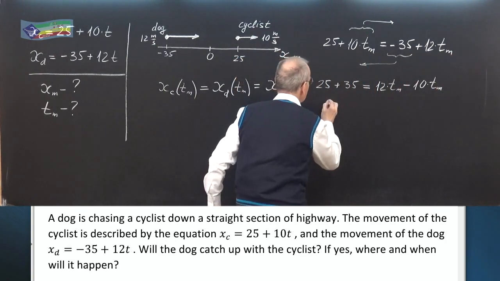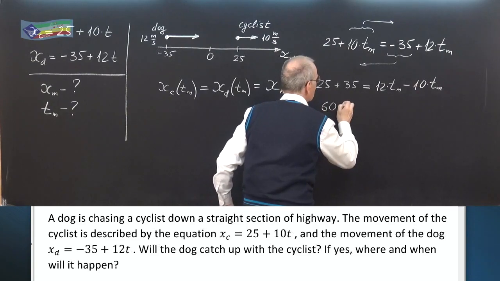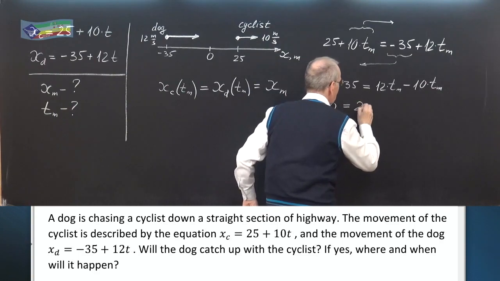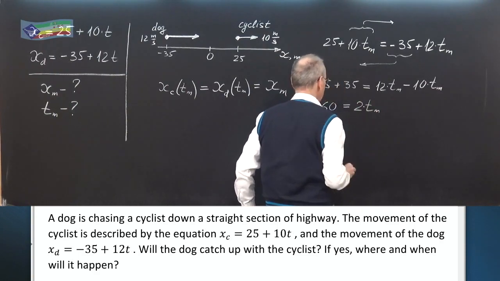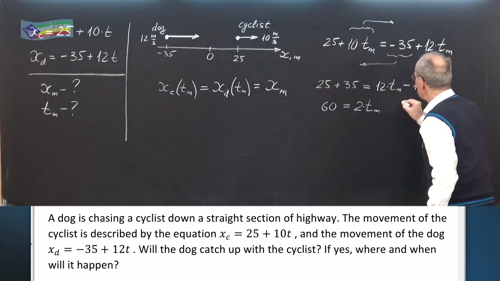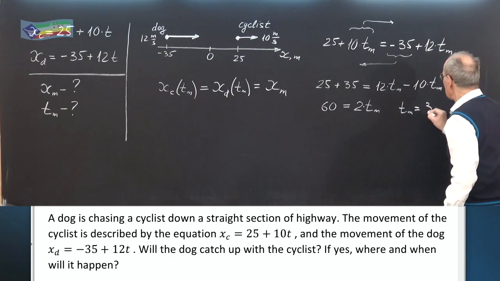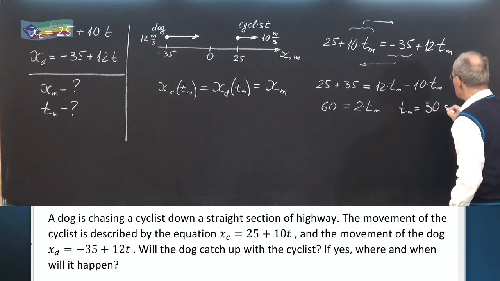Here we have 60, here we have 2 tm. So tm, the meeting time, equals 30 seconds.